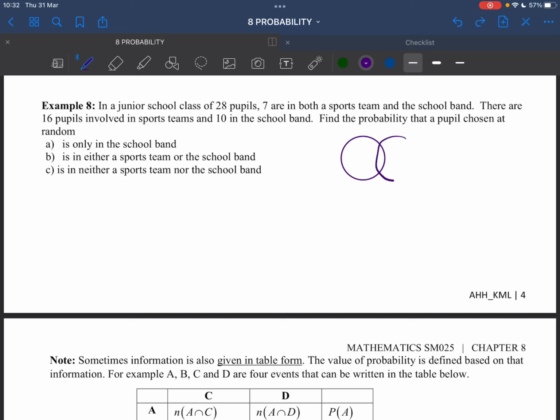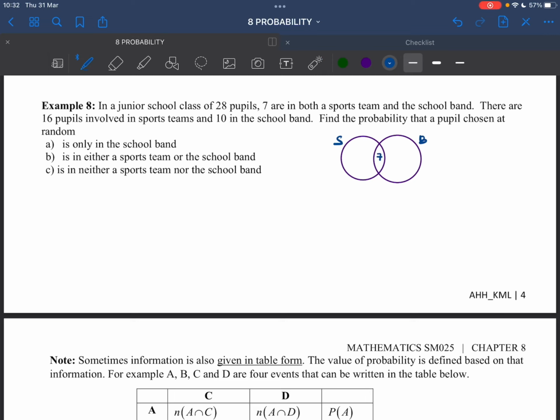Sports team and school band. That represents sport, this represents the band. Okay, 28 pupils, 7 are both in sports team and school band. Okay, which is 7 are in sports and band, so that will be in the center here, 7.